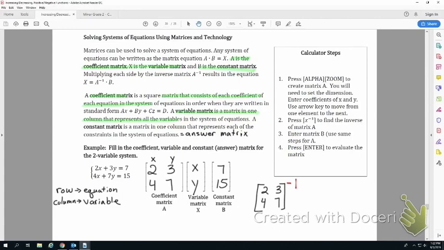On the far left column of buttons, there is a button below math that has x to the power of -1. If you hit that, it will raise that matrix to the power of -1, and it's going to say that that is the inverse of that matrix. If you can't find that button, please let me know.